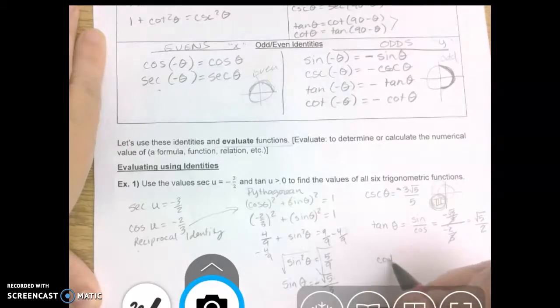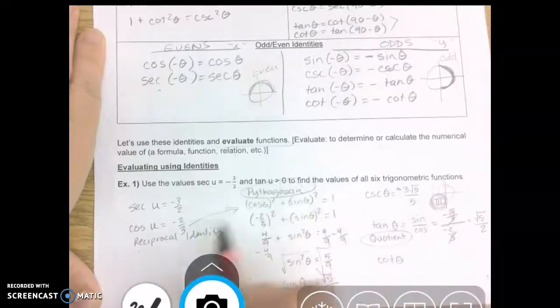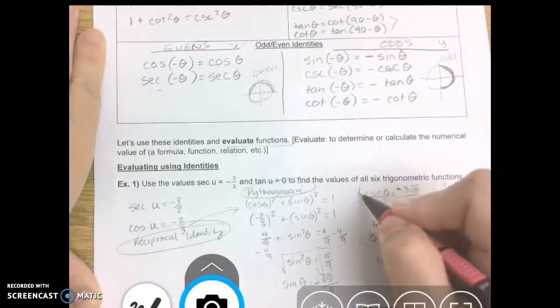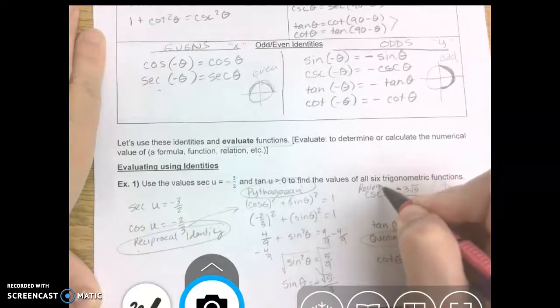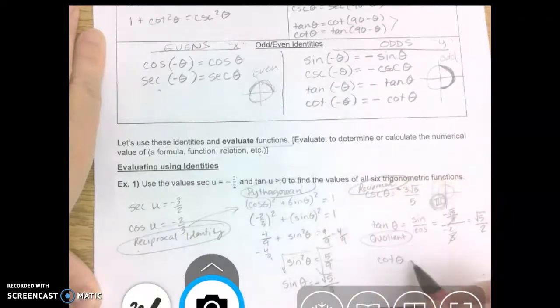And then the cotangent, which is the reciprocal, sorry, this was a quotient property. The cotangent is a reciprocal, and so that will be 2 square roots of 5/5.